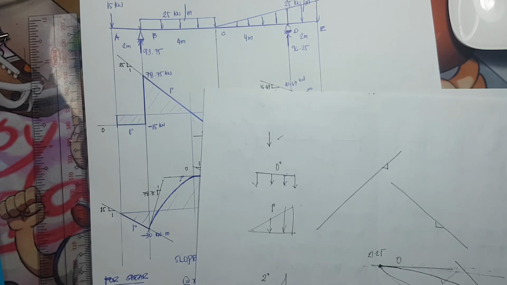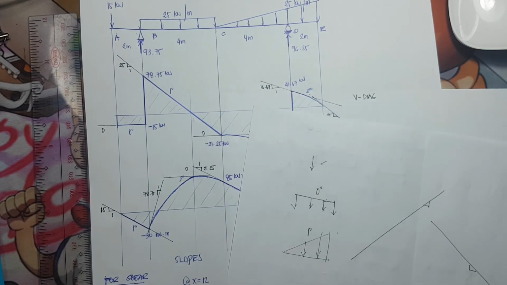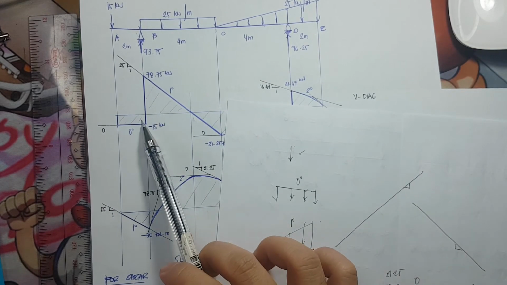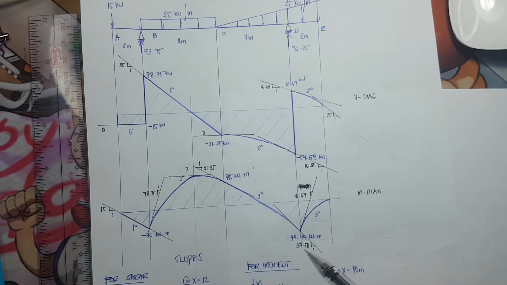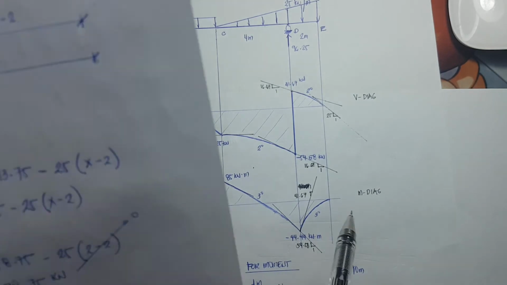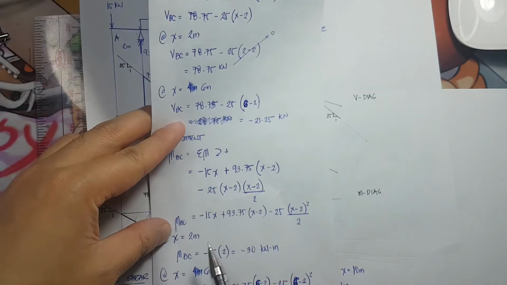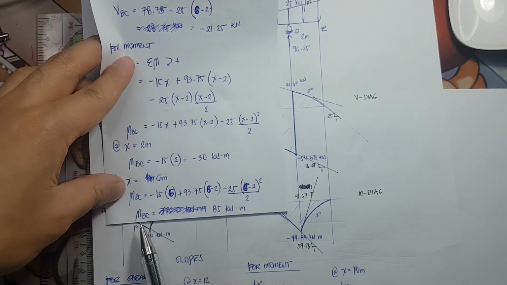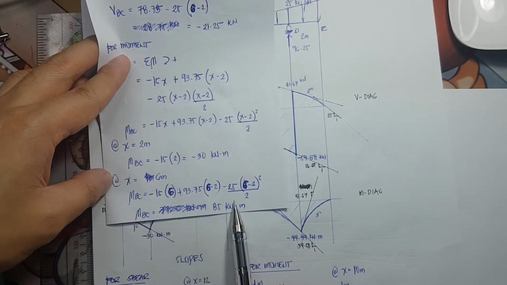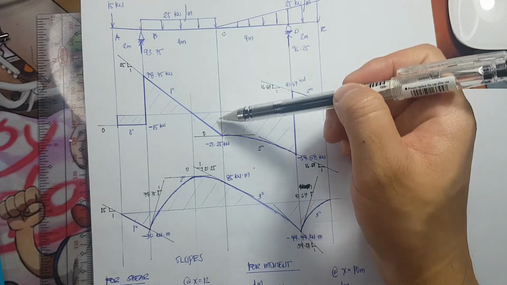Okay? Next would be segment BC. So, for segment BC, the moment at 2 meters is negative 30. Then, the moment at 6 meters is 85. So, ito yung 85.